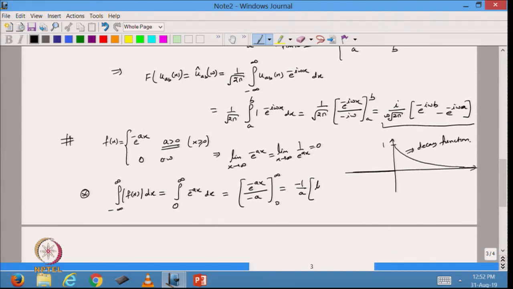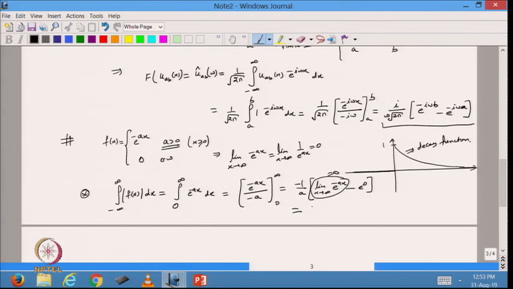So, from here I can write 1 over a times minus, taking the limit x tends to infinity of e^(-ax) minus e raised to power 0. Just now we have checked that the function is decaying, and as x tends to infinity this value is coming 0, and the other term is 1.